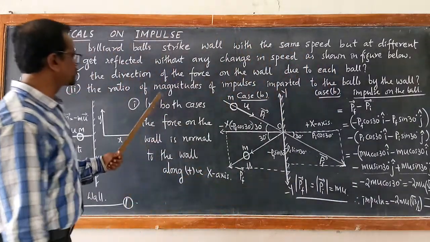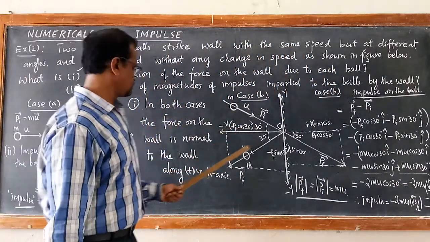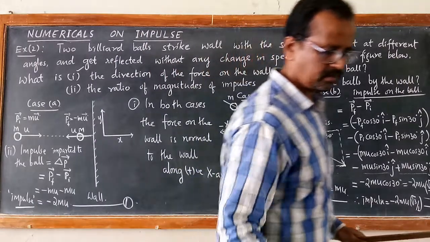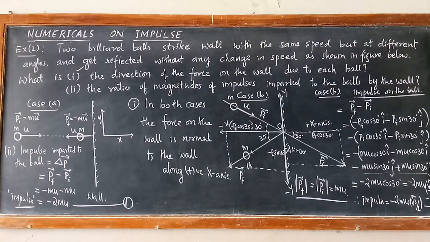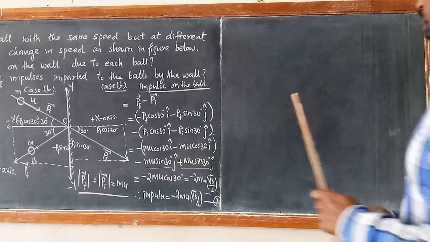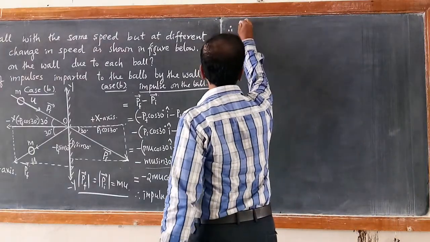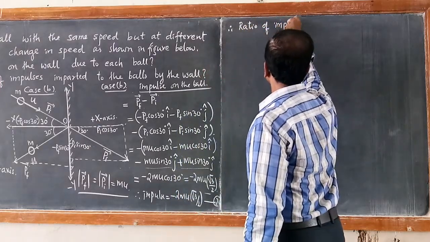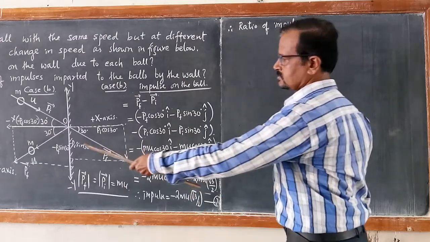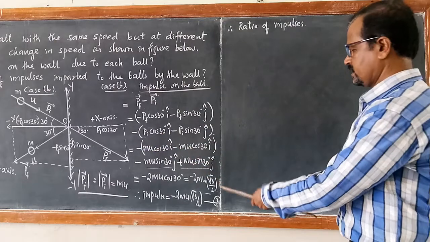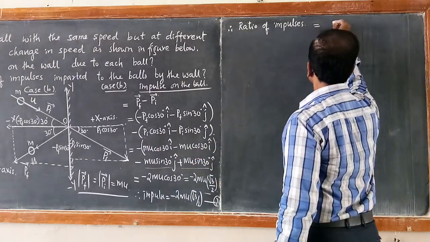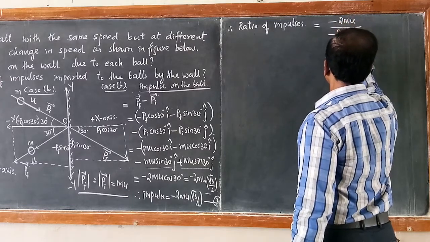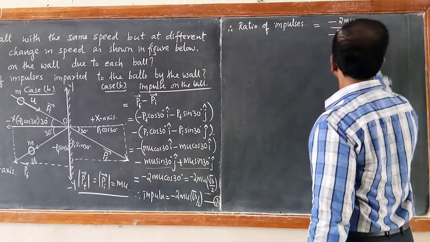Now the next part is to calculate the ratio of magnitudes. Ratio of equation 1 to equation 2. If you calculate, that completes the problem. Therefore, the ratio of impulses, with respect to first case and second case, becomes minus 2 mu divided by minus 2 mu root 3 by 2.